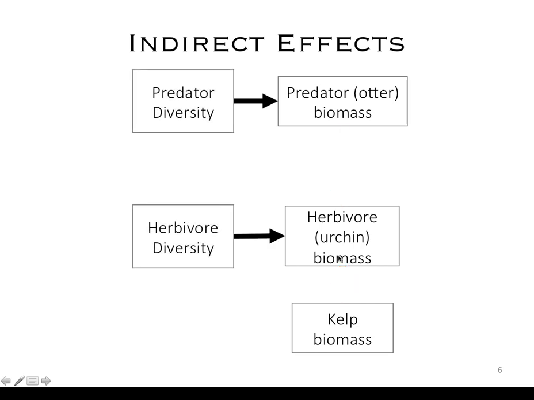Another way you could look at this is if you thought diversity was important, maybe you would have that directly impacting your predator and herbivore biomass, and then maybe predator or otter biomass affecting herbivore diversity and through that way affecting biomass. So there are lots of different ways you can draw these models, so it's important to think pretty carefully about what you really think is happening in your system.